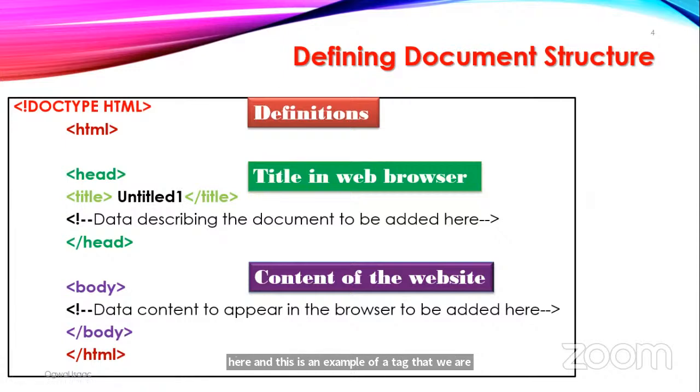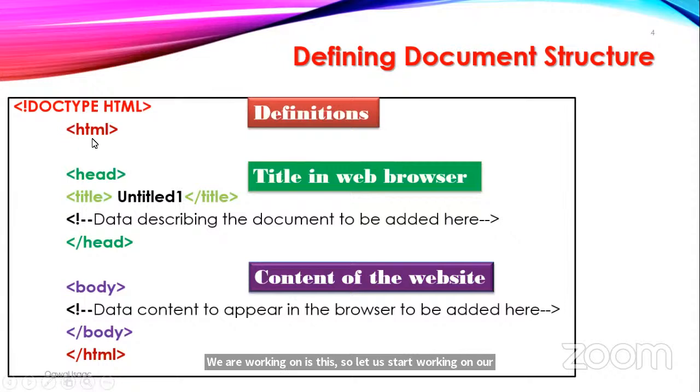And this is an example of a tag that we are talking about. Then after you put that tag, you have to go ahead and put this HTML. Why? This provides a root element. Now we have already informed our browser of the version of HTML we are working on, so let us start working on our HTML.